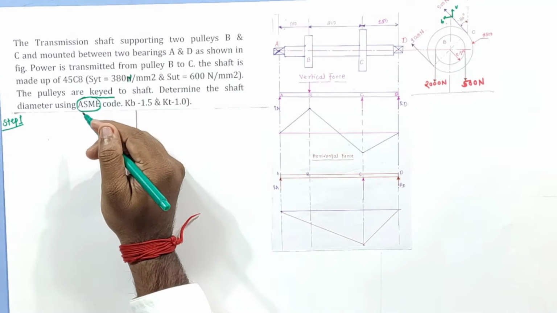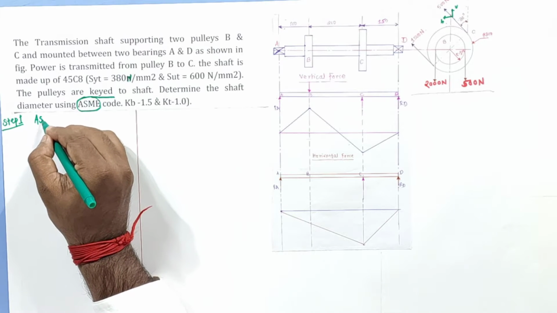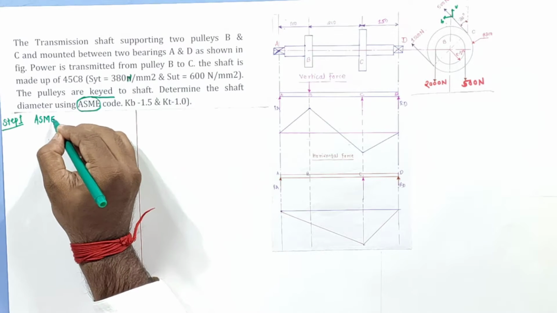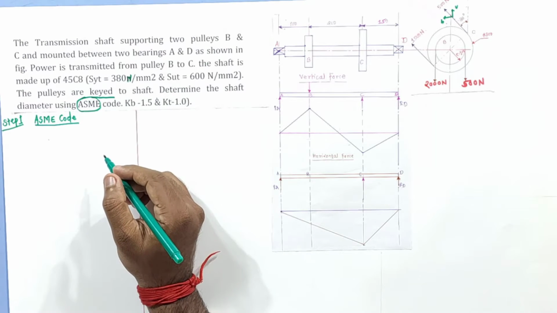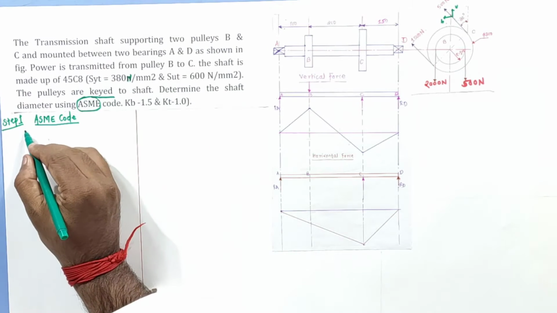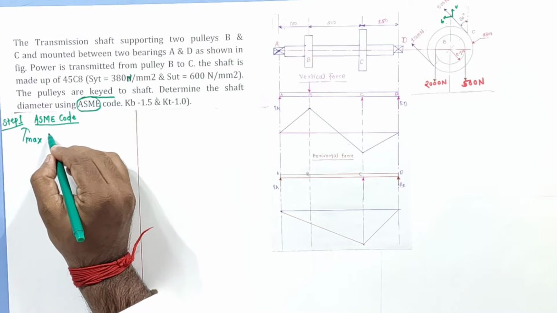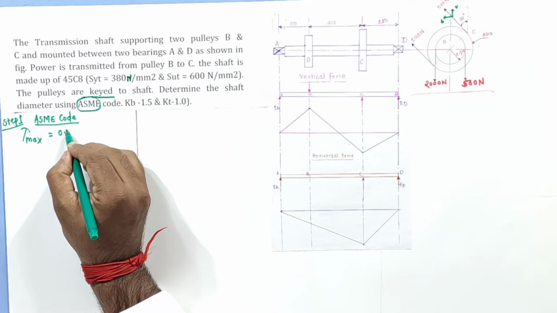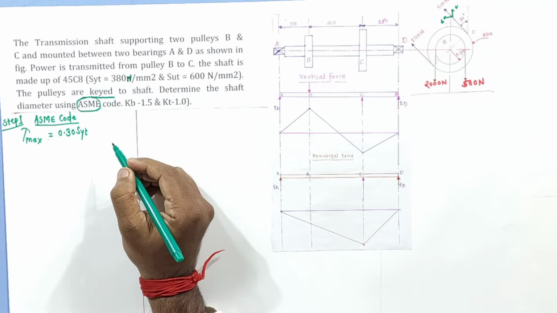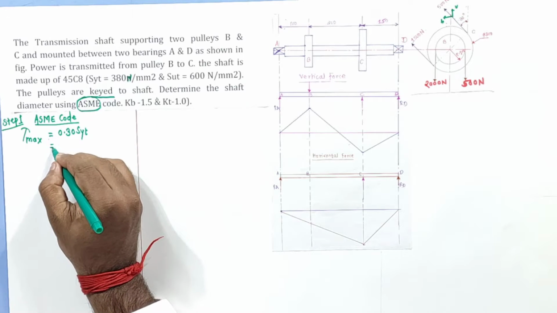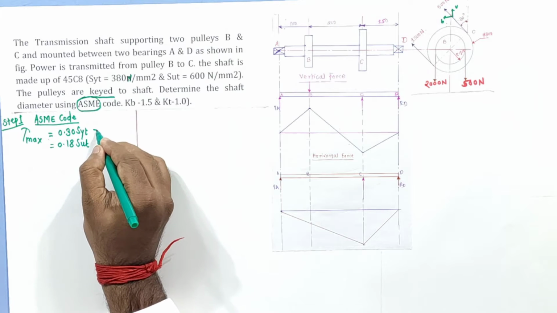Now step number 1 suggests that we'll have to use the ASME code. That is very important, so we just keep in mind that it is the ASME code. While using this ASME code, we know the ASME code helps to find out the maximum shear stress, that is tau max is equal to 0.30 times SYT, correct, and 0.18 times SUT.